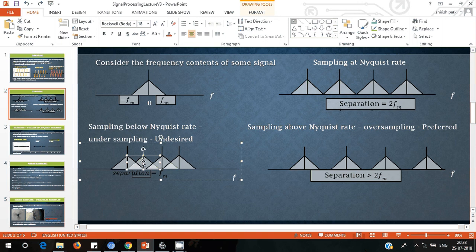The separation between the two centers is only FM. In such cases, for the human eye in this figure, you can distinguish between these two. But practically, it cannot distinguish in a DSP system because this forms a resultant between these two.